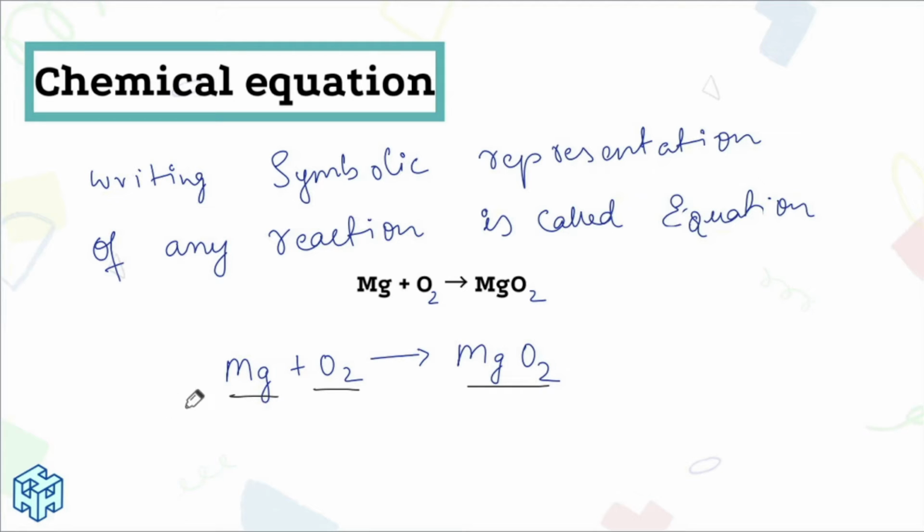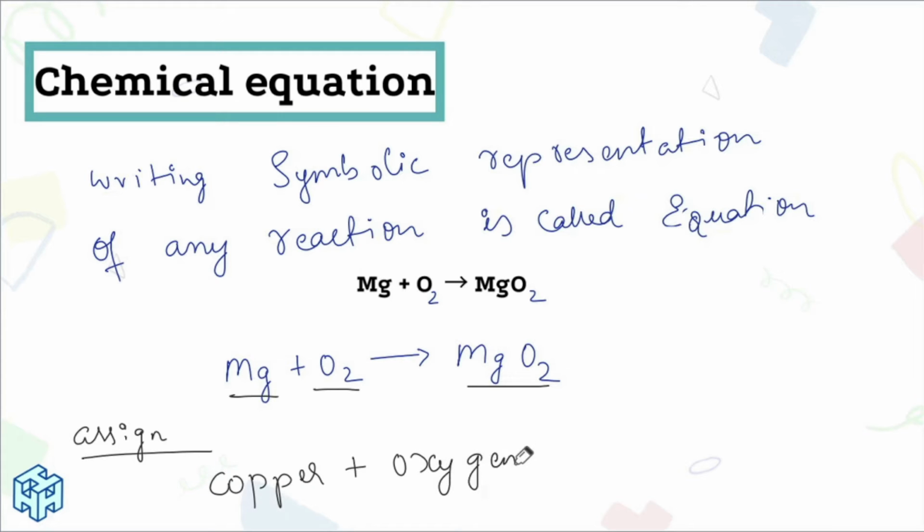Let me give one more example and a simple assignment. Let me consider a simple thing: copper plus oxygen, I will get cupric oxide.